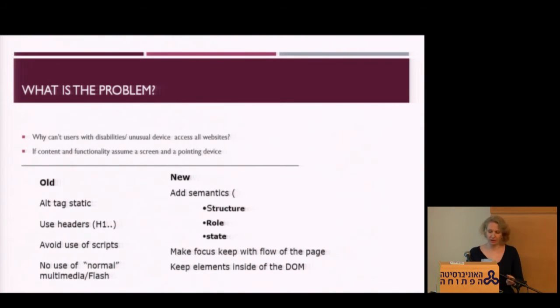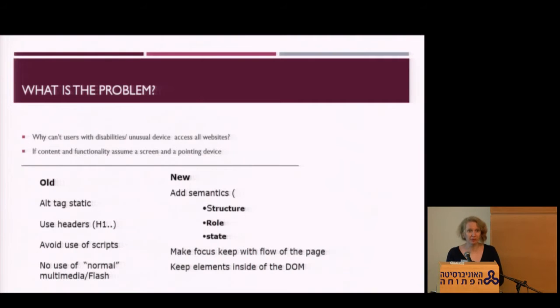And then the browser would know if someone's tabbing through the content, they need to be able to focus on this button. If they're not using a mouse or a touch screen to touch it, you need to be able to get there. You don't want to be able to tab through every word. That would be ridiculously slow. But you need to be able to get to that button.